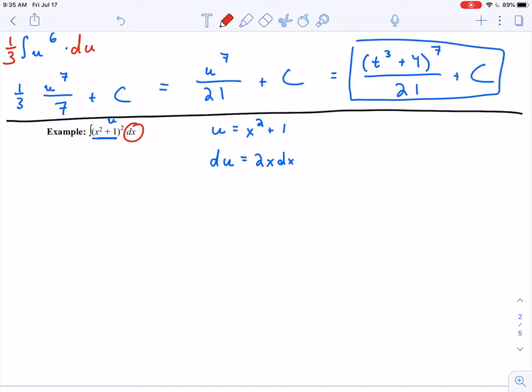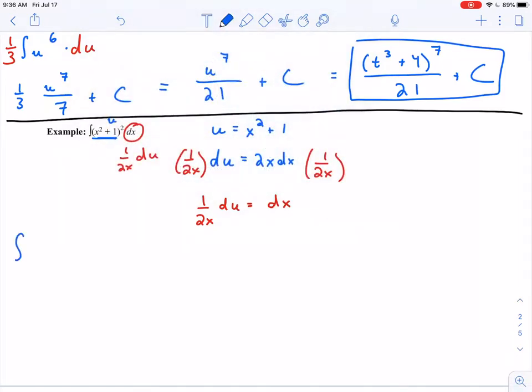Now, you could say, okay, well, let's just handle this like we always have, right? I'm going to multiply by 1 over 2x. So I would have 1 over 2x du is equal to dx. So, okay, maybe that works. So you'd say 1 over 2x du is what I'm going to substitute in.